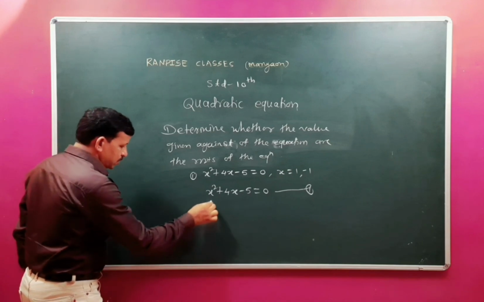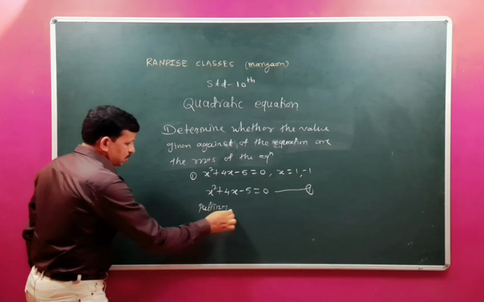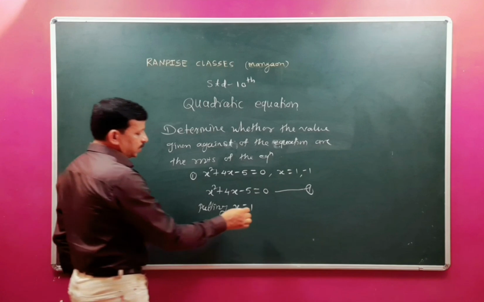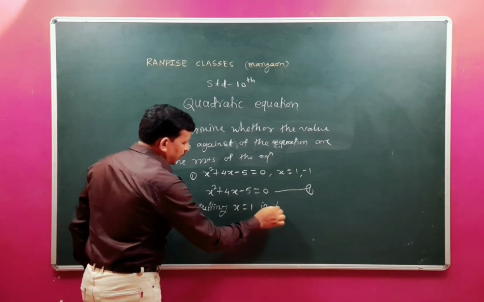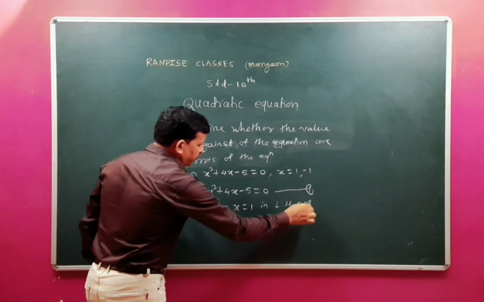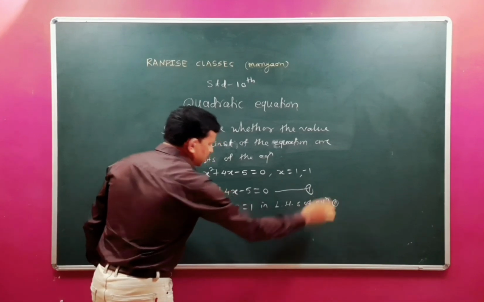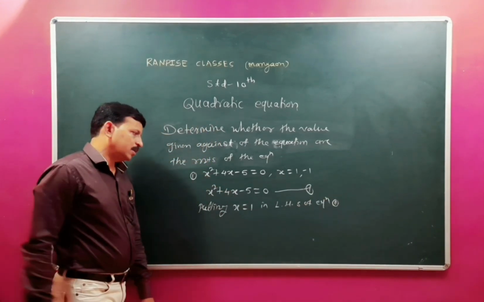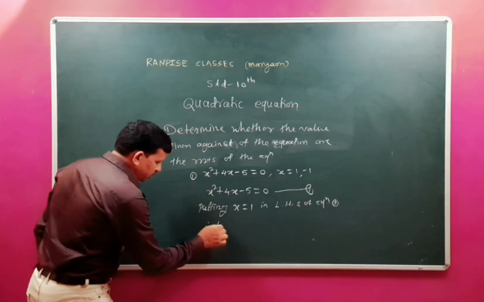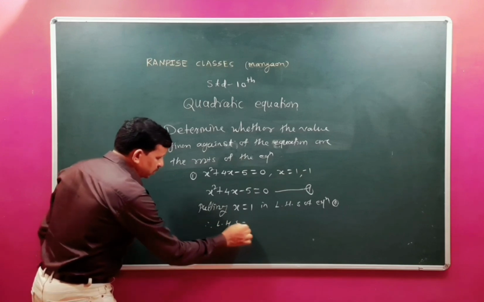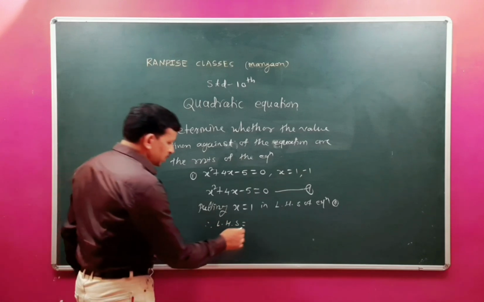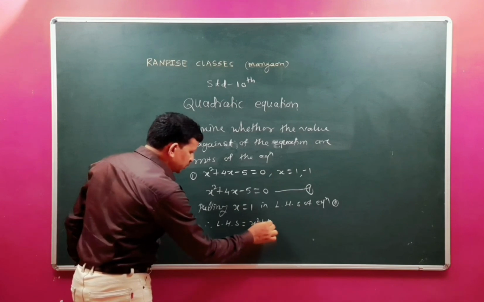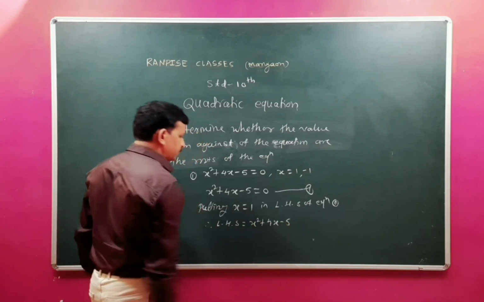Putting x = 1 in LHS of equation 1. Therefore, LHS = x² + 4x − 5.